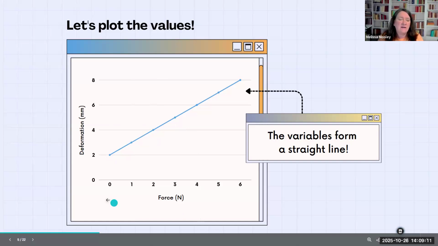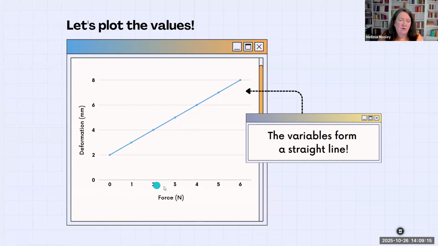So you are seeing that as force is being applied and it's getting larger, then the deformation that's happening on your material is also getting larger. We see that as you go up this line. So the variables form a straight line when it shows a linear relationship.